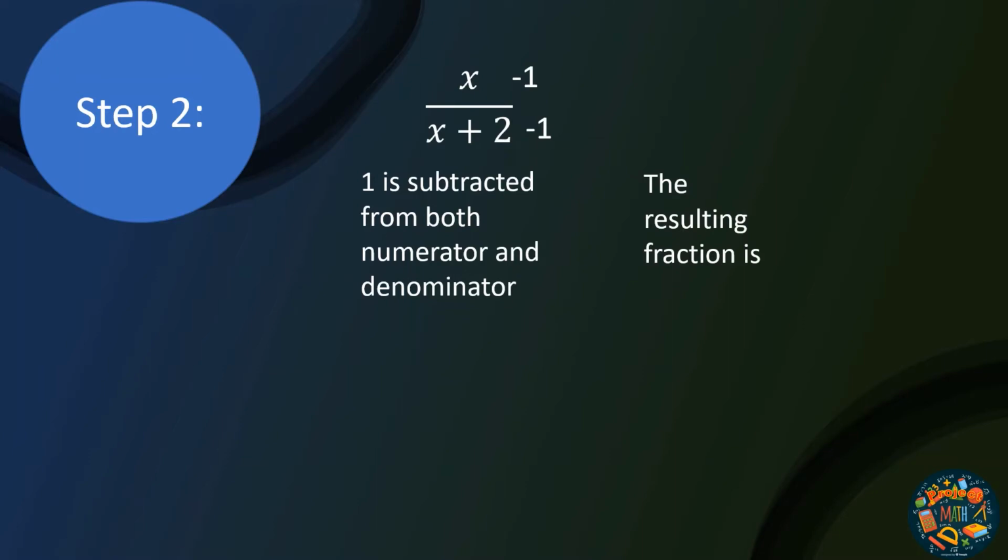And the resulting fraction is, so we will use the equal symbol, 1/2. Thus, our equation is x minus 1 over, combine natin yung similar terms, so yung 2 minus 1 will be 1. Kaya meron ka doon x plus 1 equals 1/2.